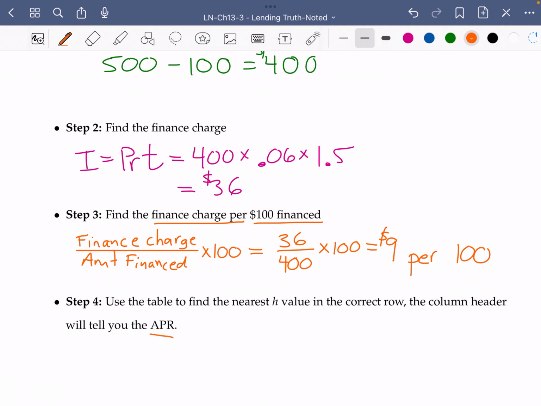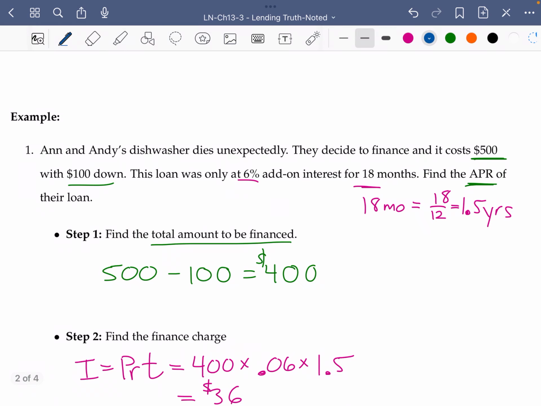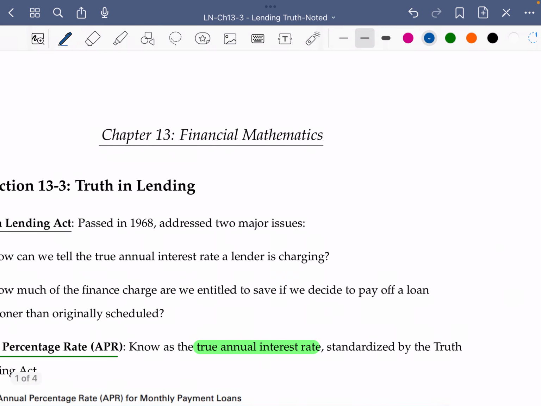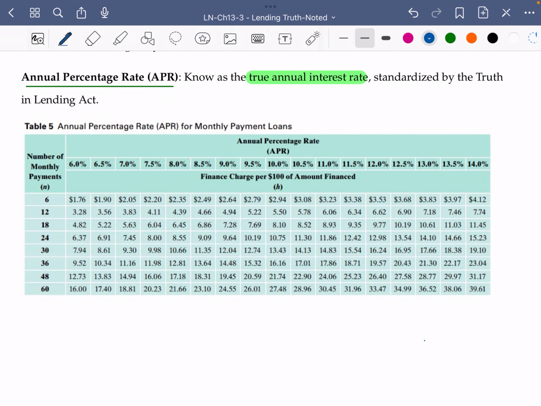This final step is perhaps the simplest, because now all we need to do is take all the information that we've accumulated and go back to the table. We know that we have $9 per $100, and we are paying this off over 18 months. So we're going to turn back to our previous page and look in the 18-month row.